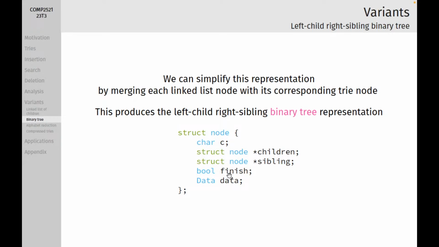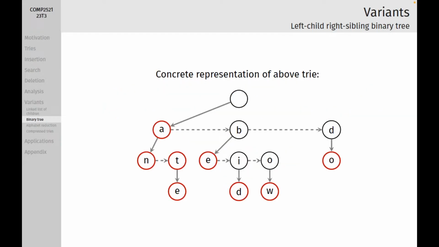A sibling is just another node on the same level, and we also have a Boolean to indicate whether the node is a finishing node or not, and some data. And now this is what the representation would look like.